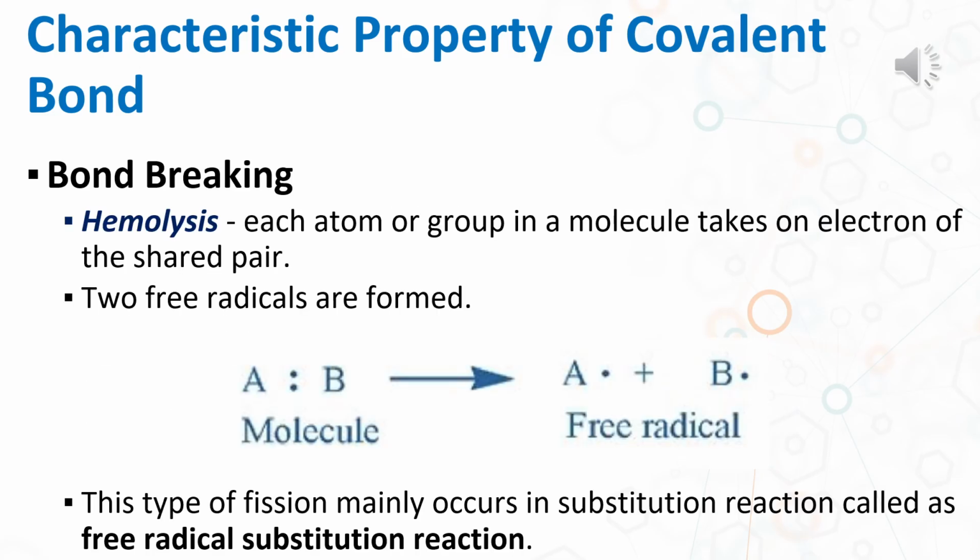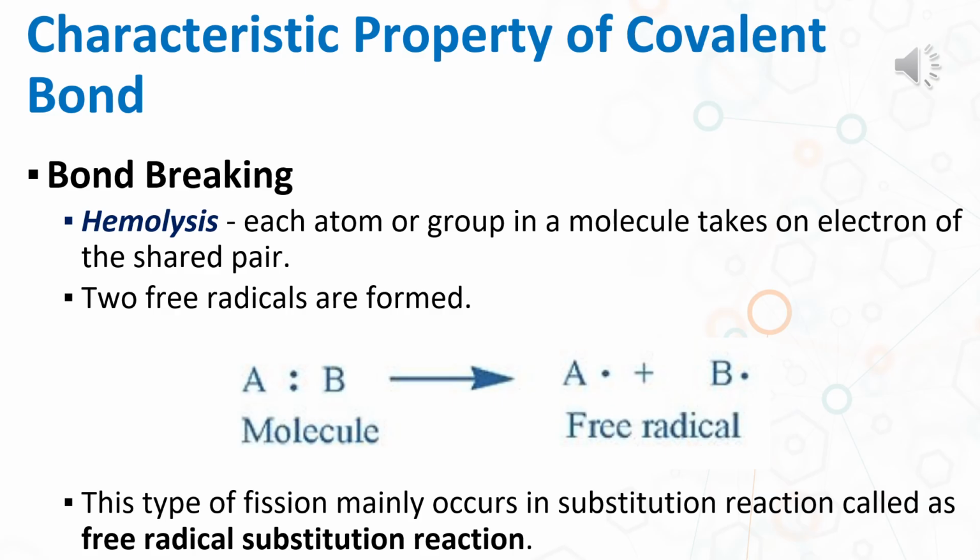Still under bond breaking, we have the homolysis. As you can see from the reaction in the slide, for the reactant we have the AB molecule, and for the byproduct we have A and B as your free radical byproducts. What happened here is the homolytic cleavage, which is very common in free radical substitution reactions. How do you know if it is a free radical substitution reaction?